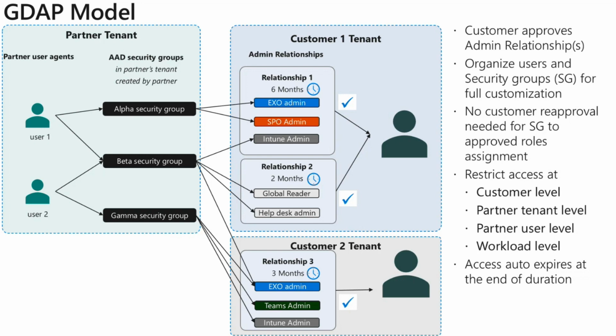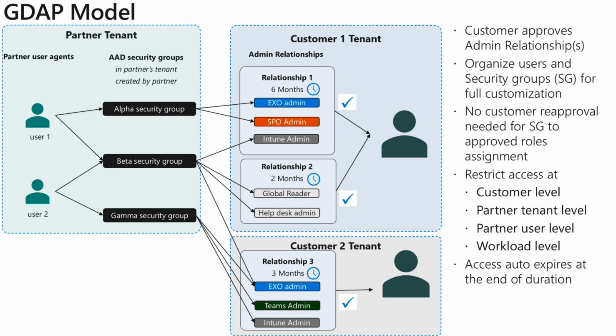A few things to keep in mind. MSSP users from your partner tenant are not going to be visible in the customer's Azure AD list, which is actually one of the GDAP benefits, since some compliance requirements prevent them from existing there. Either side, the partner or the customer, can terminate the relationship before it automatically expires.